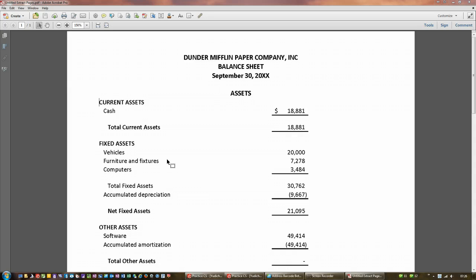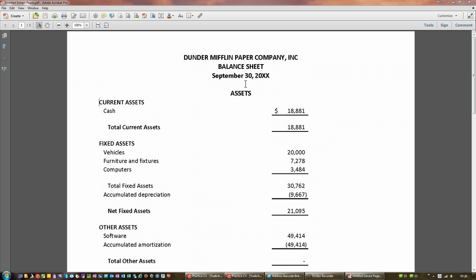So with that, I'm going to go to the balance sheet. The purpose of this video is really to go into the balance sheet. Now the balance sheet is going to give us a financial snapshot of our business for a point in time. So if we're looking at our Dunder Mifflin Paper Company balance sheet, this is a balance sheet for September 30th. So it's only going to be valid for September 30th.